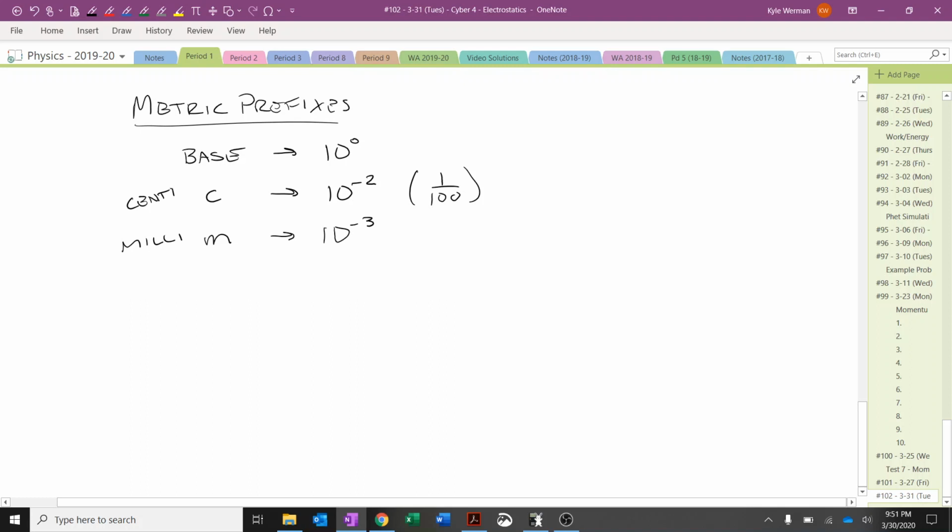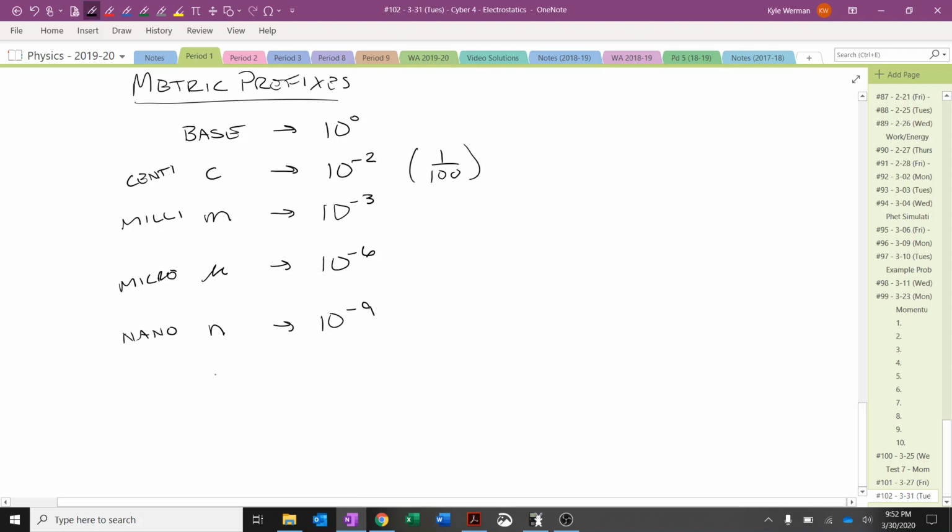From here, they typically jump up in factors of 3. So let's go from milli. The next one would be 10 to the negative 6. You go to micro, which is that Greek letter mu that we use for friction. Then you have nano, which is a little n, that's 10 to the negative 9.